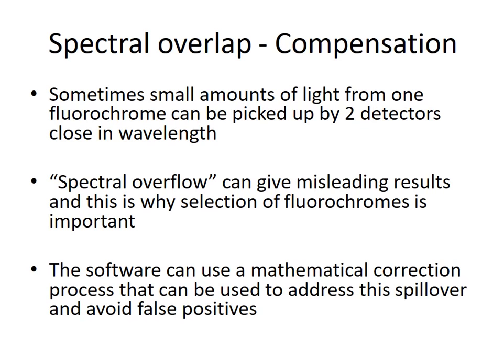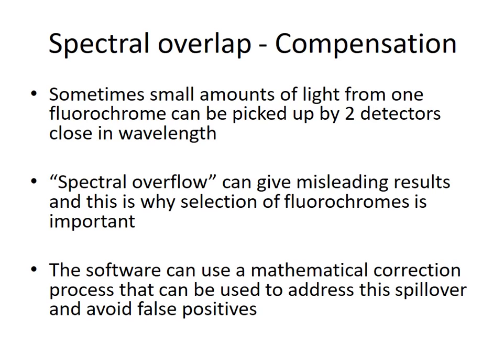So the software can use a mathematical correction process that enables us to address this spillover. So if you have the signal for CD45, and part of that signal is spilling over into the signal for CD3, then if you know how much of that spillover occurs, you can compensate to avoid a false signal.